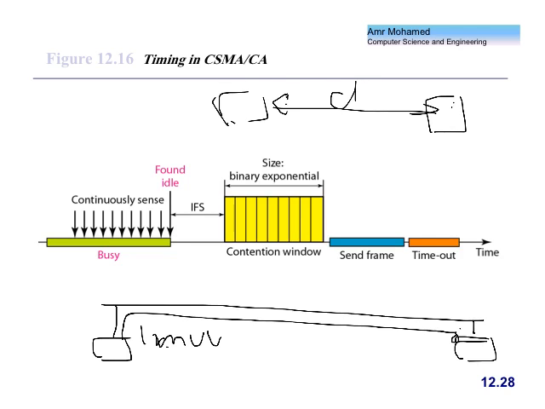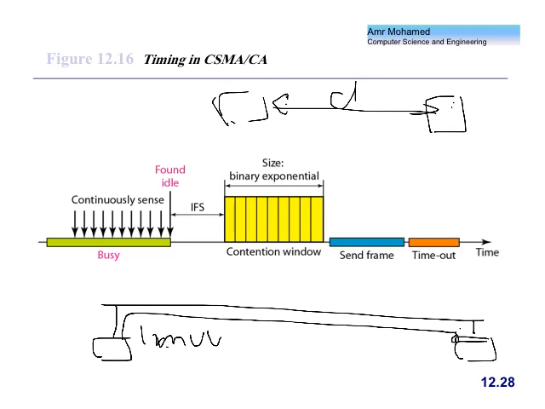Okay? So we have to look for some other ways to perform more or less the same functionality. And it turns out that for wireless, they try to use the concept of collision avoidance, not collision detection, because detection is not possible. So the concept of collision avoidance is that we perform something more or less similar to the P persistent.